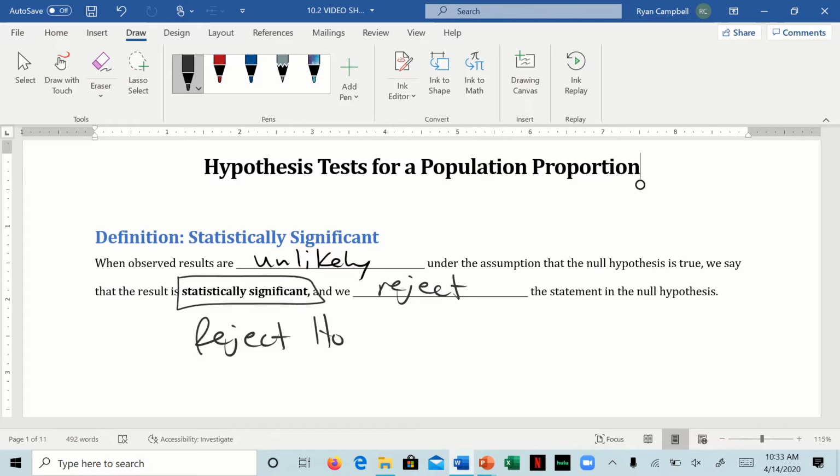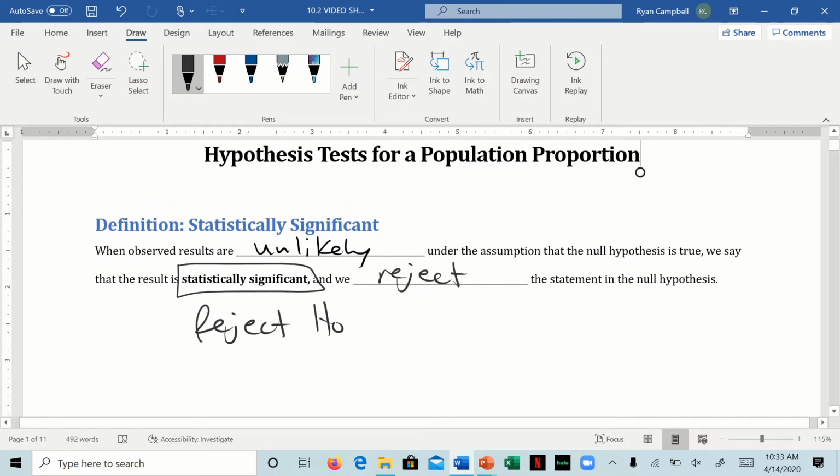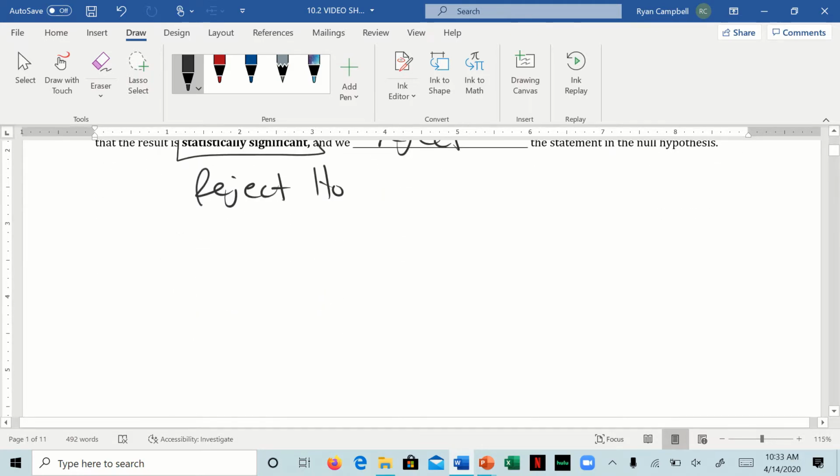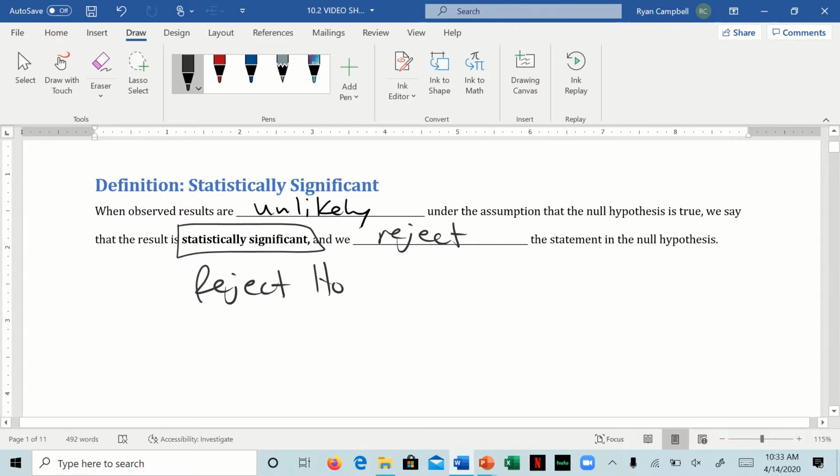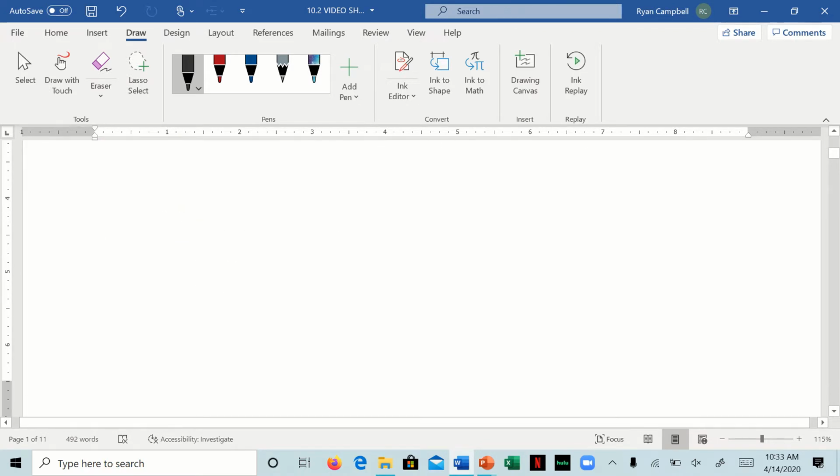Whatever we say is happening is actually happening, right? Whatever our claim is, it's actually true, right? And we are pretty much 100% certain. Statistically significant. We are pretty sure. All of that jazz. So this is what we were trying to show. We were trying to show statistical significance when testing these claims.